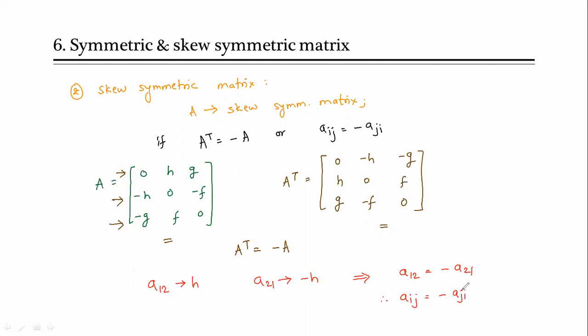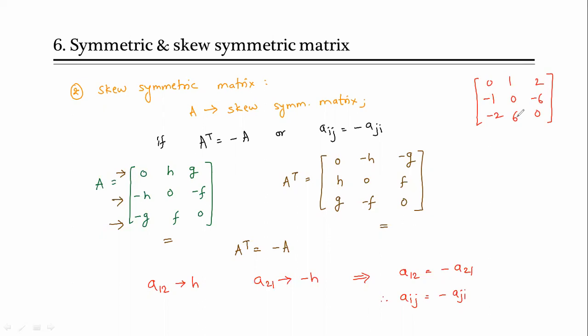So if someone asks why you are writing in letters, you can put any numbers here. For example, let's say 0, 0, 0, 1, minus 1, minus 2, 2, minus 6, 6. This is what? A skew symmetric matrix.